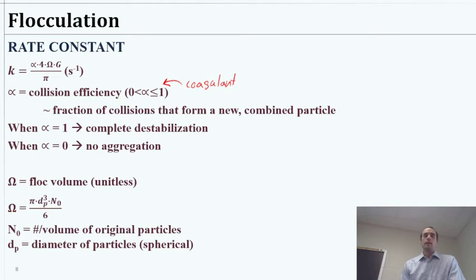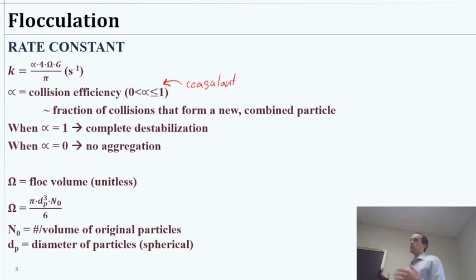And that means that if we put a 0 here, the rate constant goes to 0, which means the rate goes to 0, right? That's the case where we have perfectly stabilized particles. So we didn't add any coagulant, or we did it wrong. We didn't add the right kind, or we just tried to let them flocculate when they were all perfectly stable already. Okay, so that's the scale there.